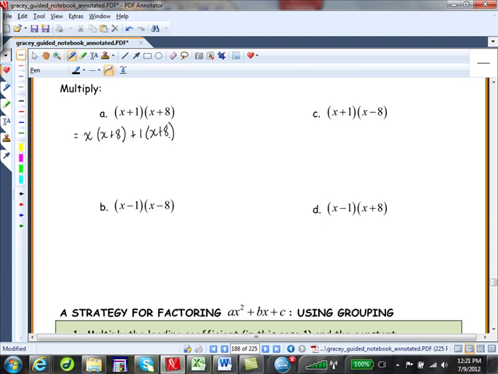When I distribute the x through, I get x squared plus 8x. And when I distribute the 1 through, I have plus 1x plus 8.